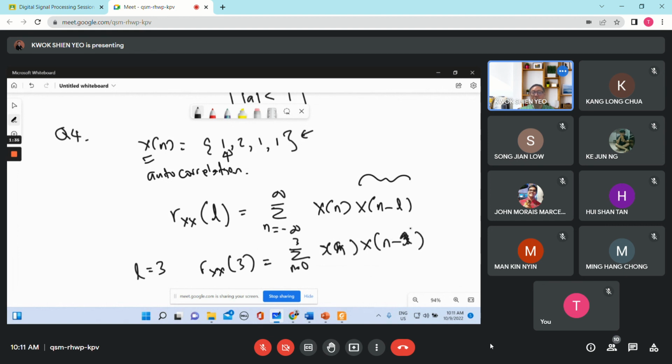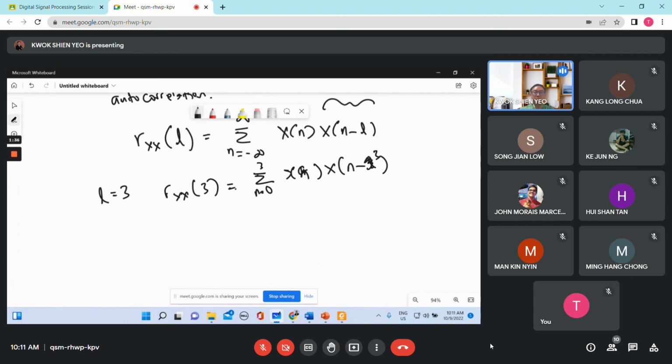So you need to iterate n from 0 to 3. x0 times x minus 3, and so on. Of course, if n is 0, x minus 3 has no value, so this is multiplication by 0. If you write down all the equations, you will get this.